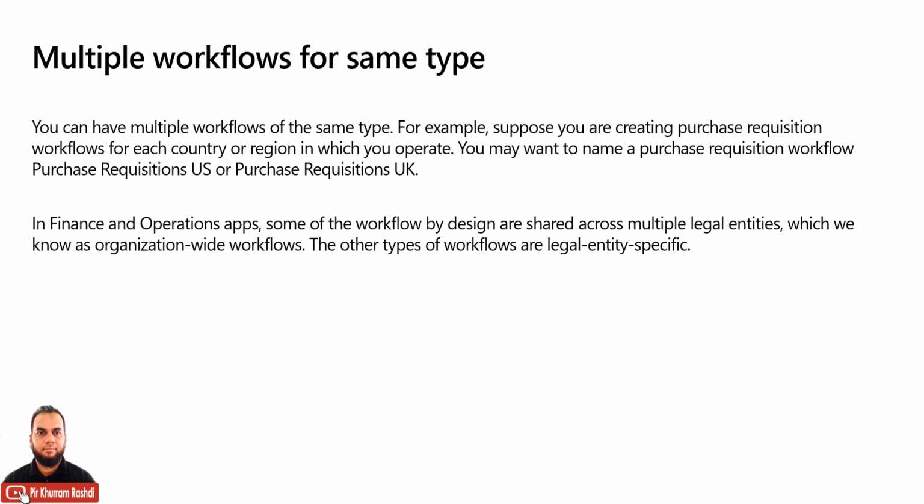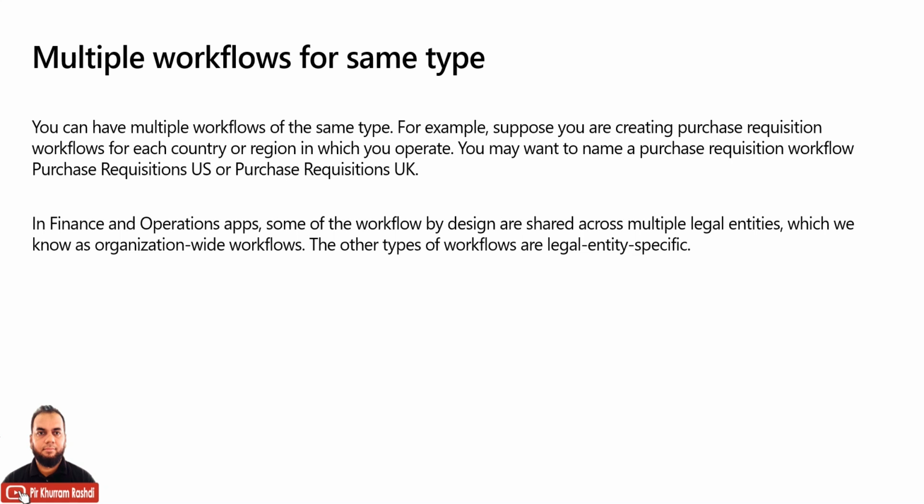We can take an example. For example, there is a purchase requisition workflow, and purchase requisition works across the companies or legal entities. So it is an organization wide workflow; it cannot be configured per legal entity, but it is organization wide, and for each country or region we can configure a separate purchase requisition workflow.